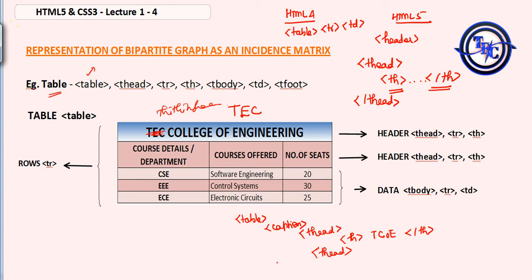And you will have something called t body. T body is nothing but all these contents. Inside this you will have the row, inside the row you will have the data. So you have to close this tag. We will see this in detail, I am just telling. To close t body, you have to give a front slash.